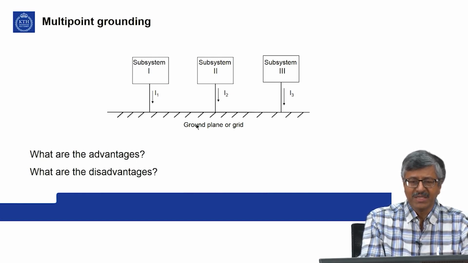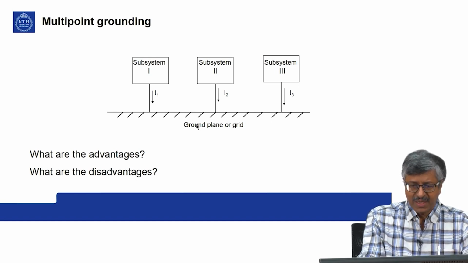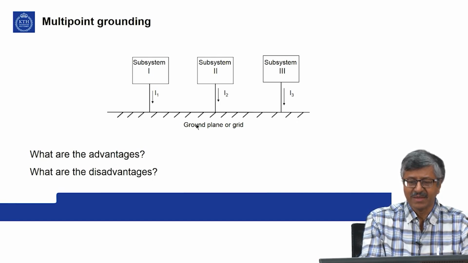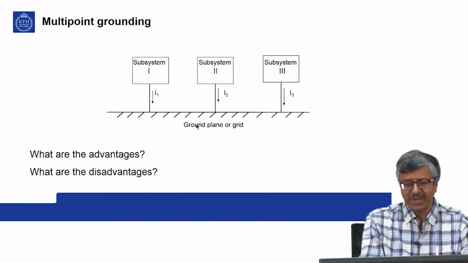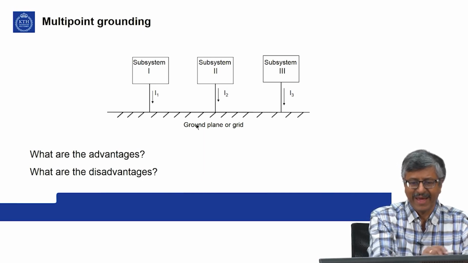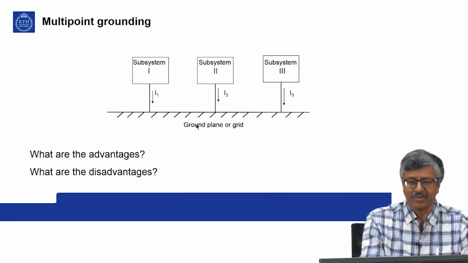So, the advantage is that you avoid many of the radiated interference problems from long leads, and common impedance coupling can be avoided. The disadvantage could be that if you have external transients coming into the ground plane, then it can create some problems.